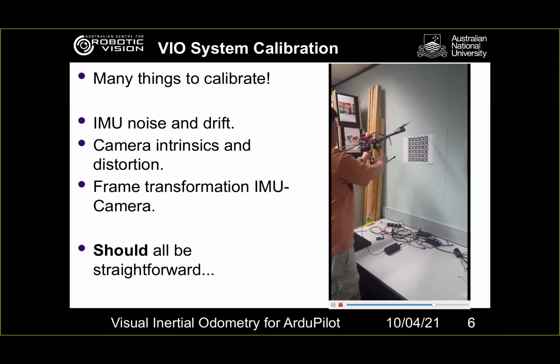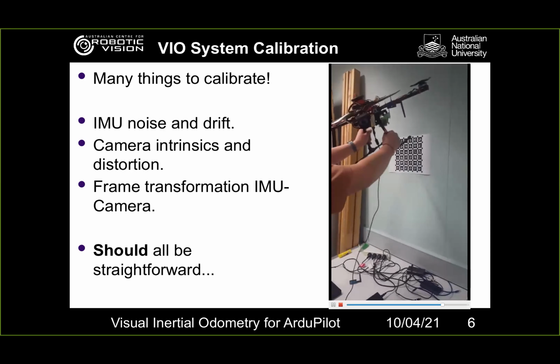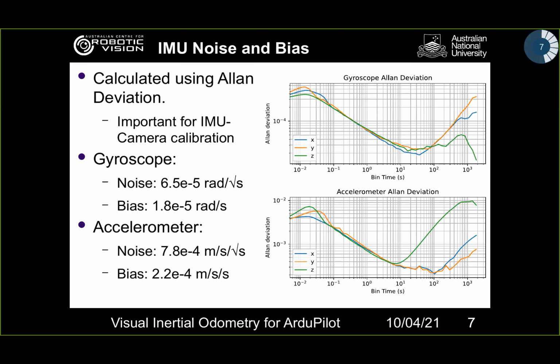So these things, as I emphasize on the slide, should all be straightforward, but they tend not to be. Well, I mean, the IMU noise and bias are. We model the IMU as having a Gaussian white noise and a slowly time varying bias. You can find both of these just by doing an Allan deviation plot, and that's what's shown on the right.